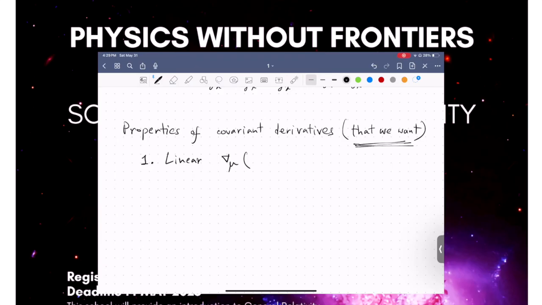If we take the derivative of the sum of two things, where these things are constants, alpha, beta, then this should be this.